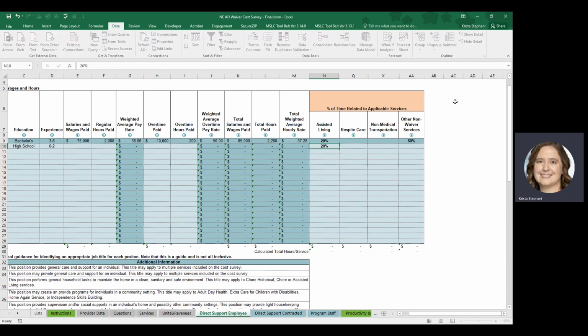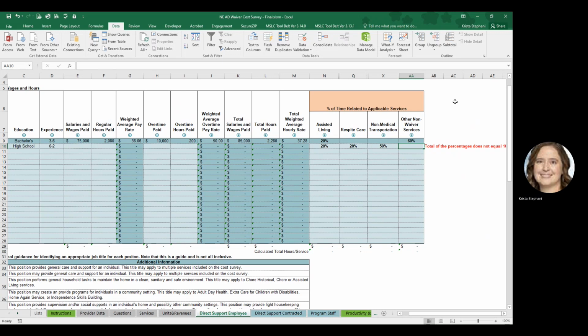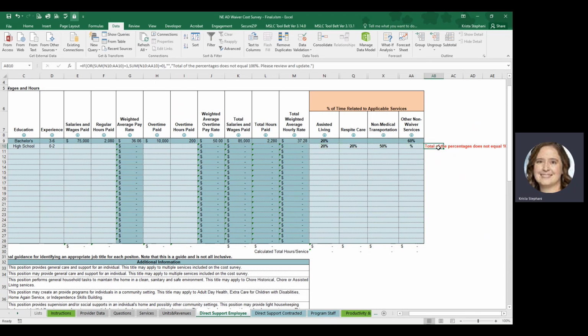So for example, you have assisted living, respite care, non-medical transportation, and then other non-waiver services. As you can see right now that the total of the percentages across the row does not equal 100%, a message will pop up. Please make sure that before you submit the cost survey that this error does not appear.